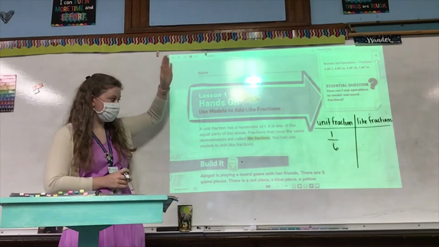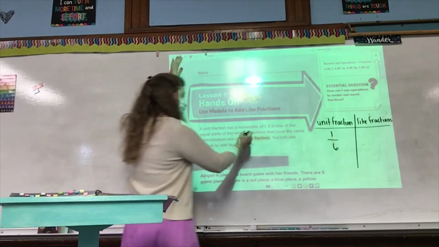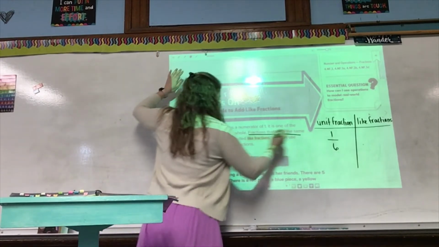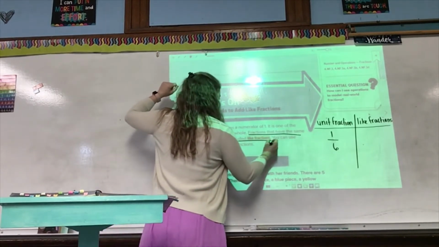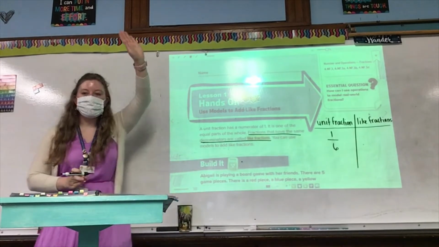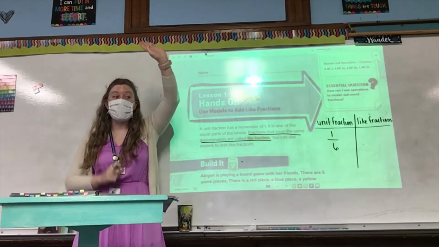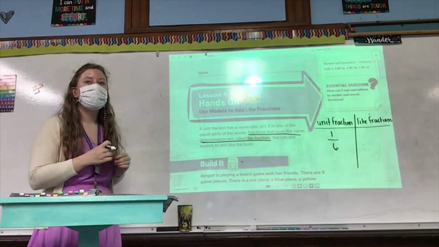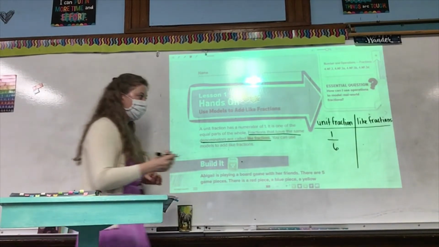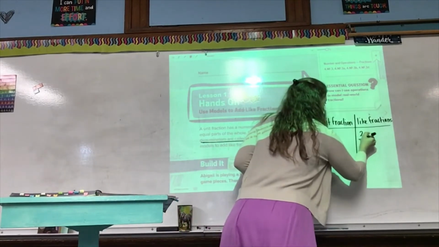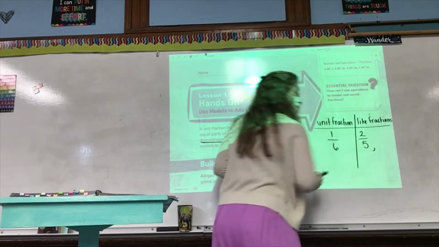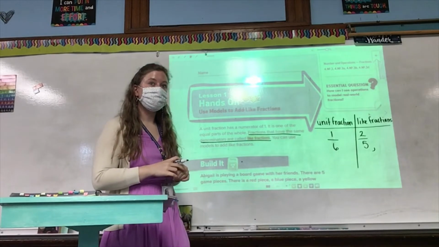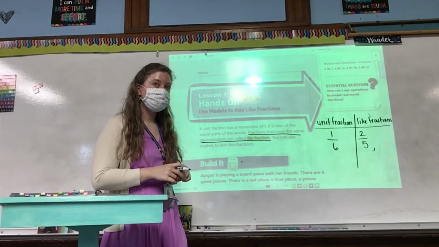Using the definition that Kingston just gave us, fractions that have the same denominators are called like fractions. I need somebody to give me an example of like fractions. Lena. 2/5 and 4/5.